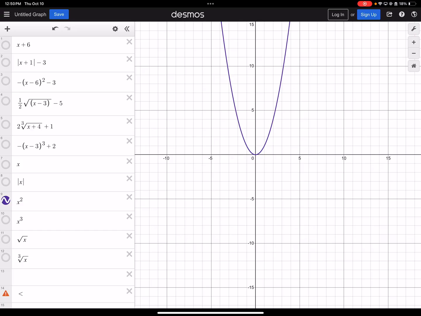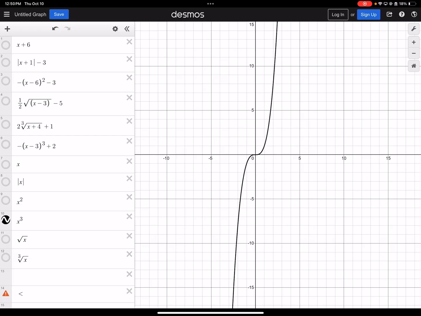Again, if you didn't have time to write it, it's f of x equals x squared. It's going to look like a U. You've seen these before. You've dealt with these a lot in Algebra 1. We'll deal with a lot more of these as we go through Algebra 2. So that's what the quadratic one looks like.